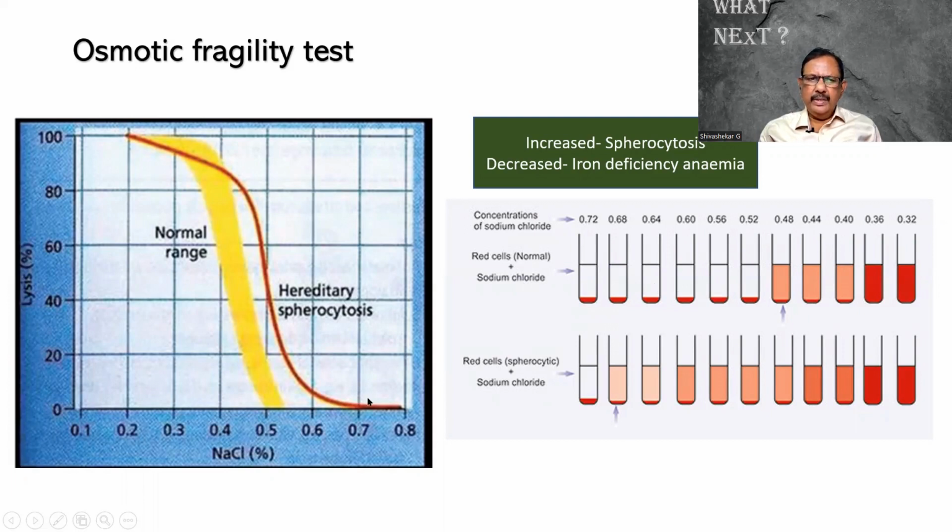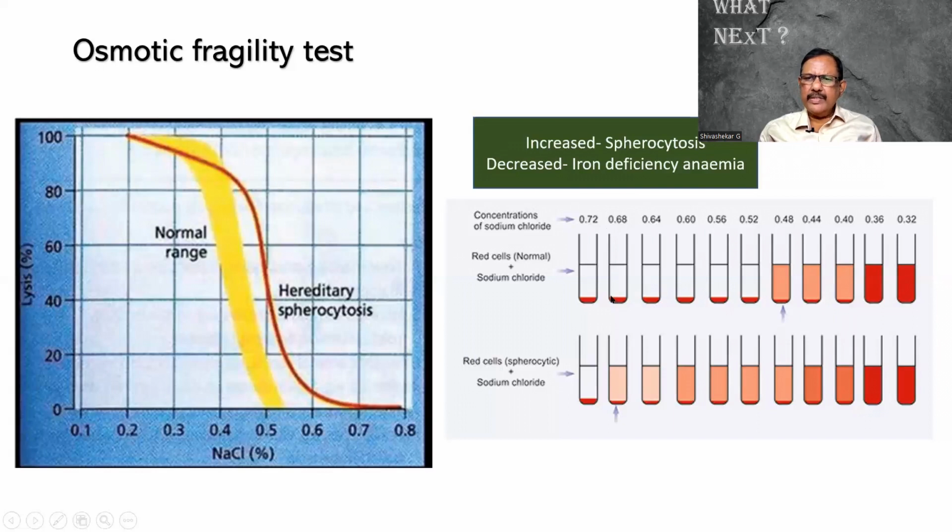Now look at this graph. There is a start of the hemolysis. In a case of hereditary spherocytosis it starts much earlier, at a concentration of 0.65 or 0.7. Look at this one. At 0.68 itself, there is hemolysis starting.